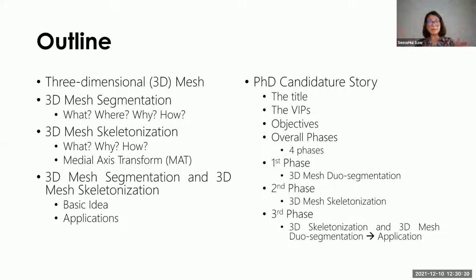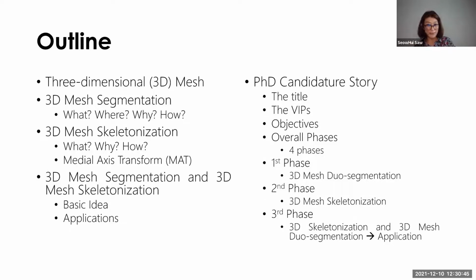Okay, now, while you're thinking or imagining, I would like to briefly explain my outline of my talk today. There are mainly 5 topics I would like to share with all of you. The fundamentals of 3D mesh, 3D mesh segmentation, what is 3D mesh skeletonization, and what happens if the two combine together. All right, will they become friends?